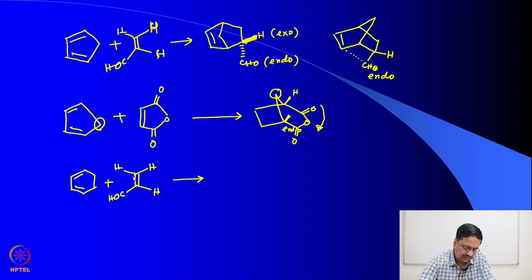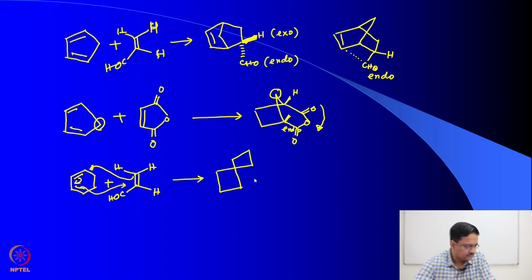So, the reaction will proceed in the same way, but it will generate a product which will have the CHO group closer to this pi bond and the hydrogens away, right. So, this is the endo compound.